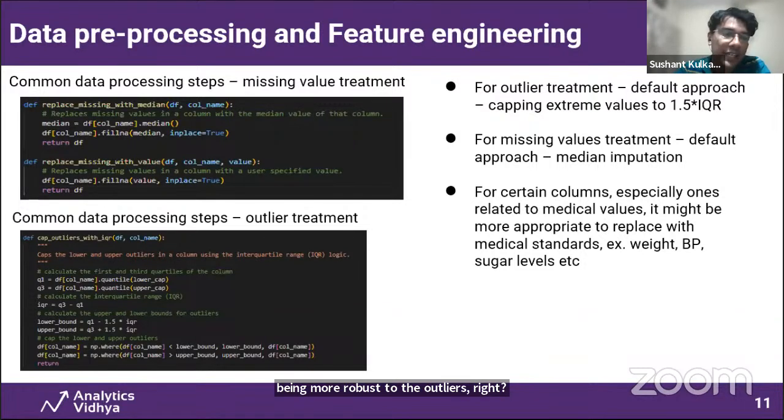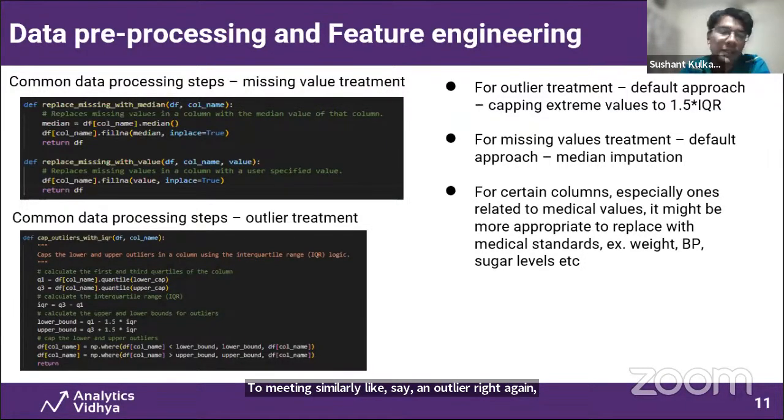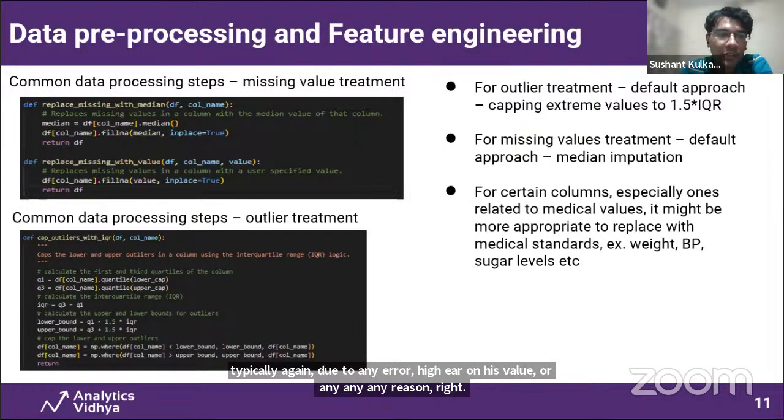Similarly, for an outlier, say you had an erroneous value for your assets or something, due to any reason, you might get some value that you want to replace.